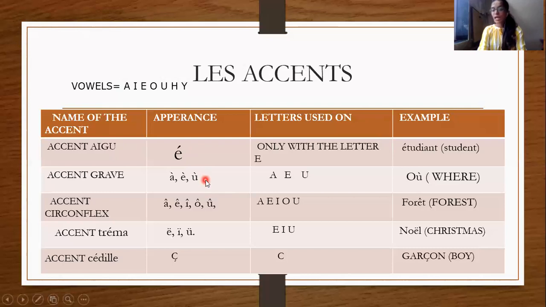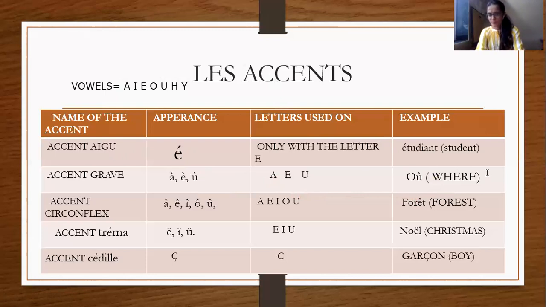Accent grave is only on A, E, and U. A great example is ù. The letter ù means where. While we are doing accent grave, I would like to draw your attention to a really important part.